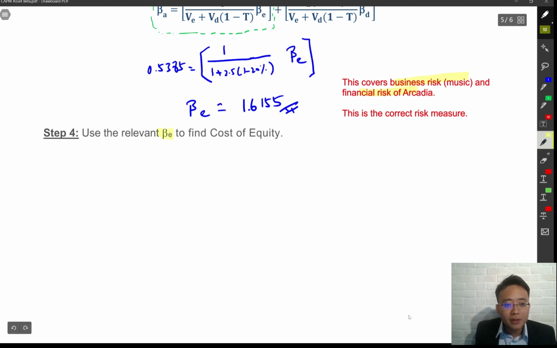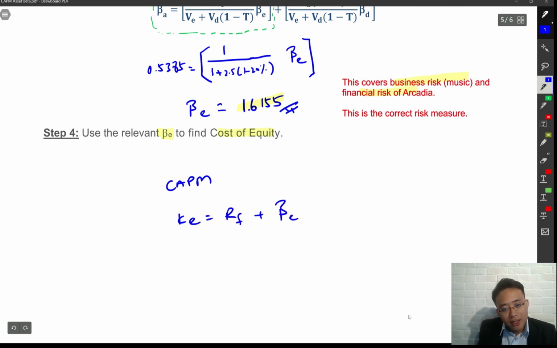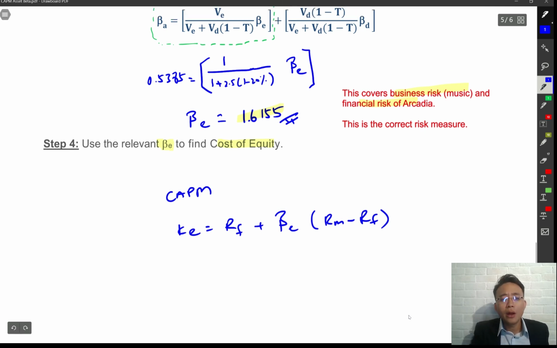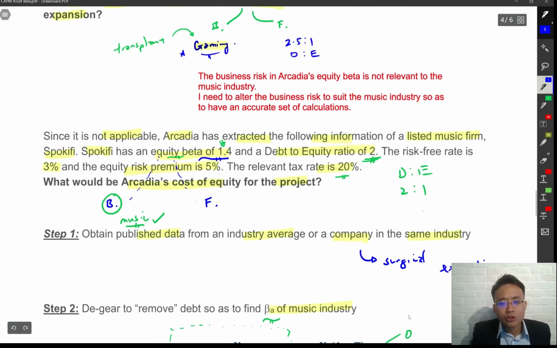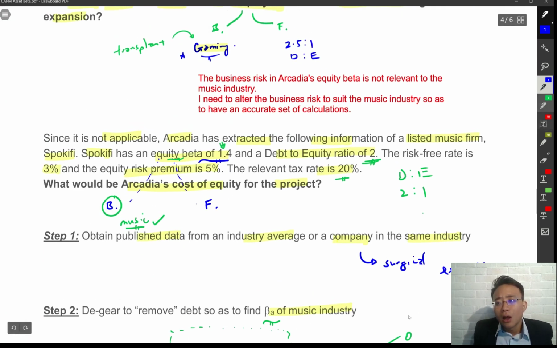Use the relevant beta equity that you found, 1.6155, to find the cost of equity. So here, we go back to CAPM, right? Cost of equity equals risk-free rate plus beta equity times (RM minus RF). What are the numbers again? I have the risk-free rate of 3%.